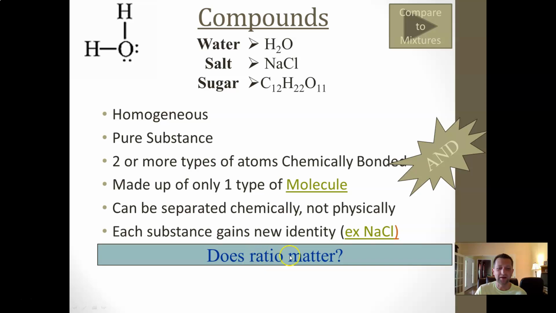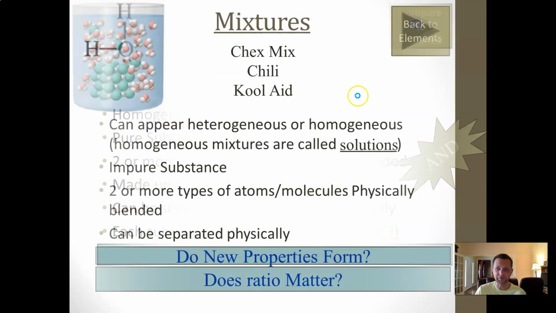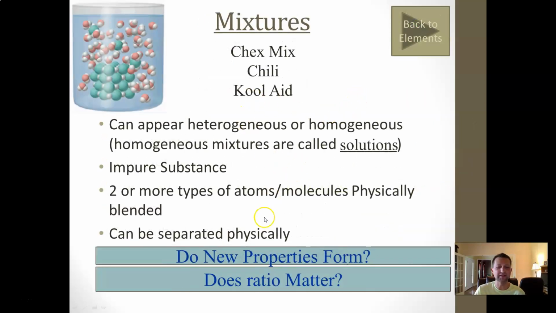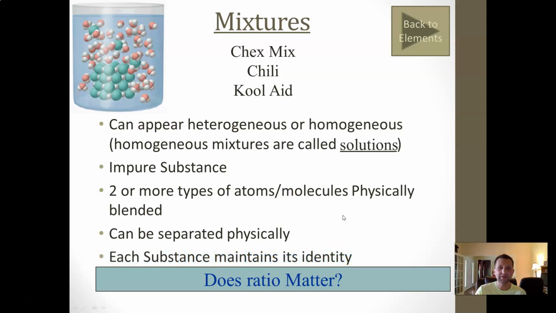So, moving on to mixtures here, along the same lines. Do new properties form from mixtures? The answer there is no. Each substance retains or maintains its identity. So the Chex Mix, you still have the different pieces having their different individual flavors and textures and all that. It's not like you put them together in the Chex Mix bag and they all taste the same and all look the same.